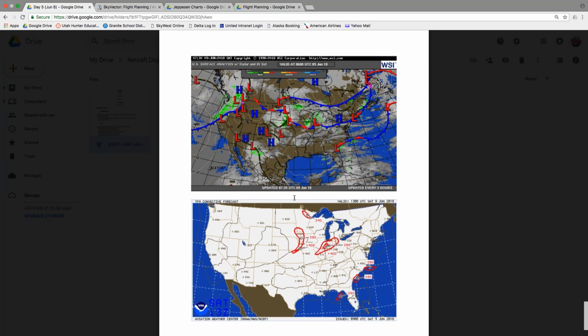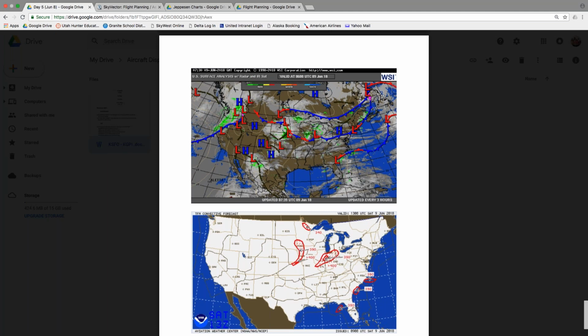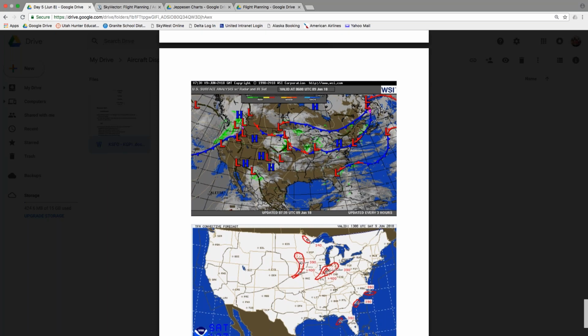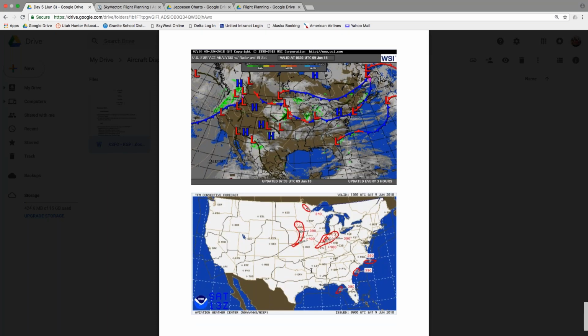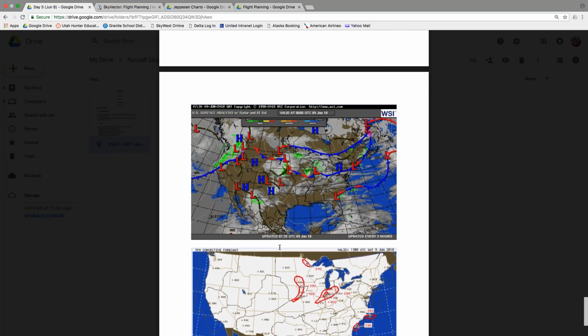Those are probable thunderstorms, and you can see the tops that they're reporting. Those are forecasted thunderstorms with really strong convective activity. The tops are going to be like 39,000 or 40,000 feet there. Can't really climb over those, right?